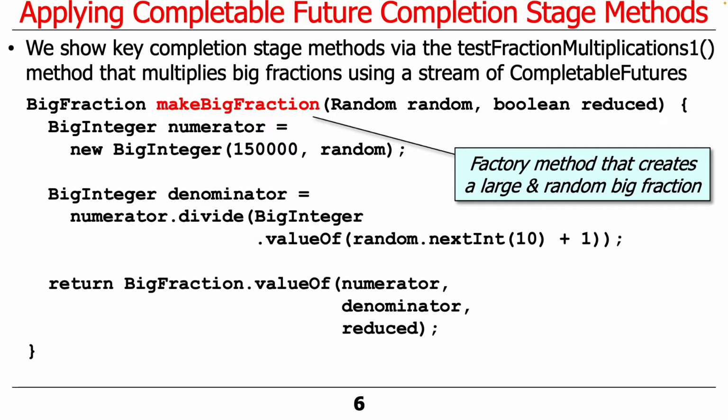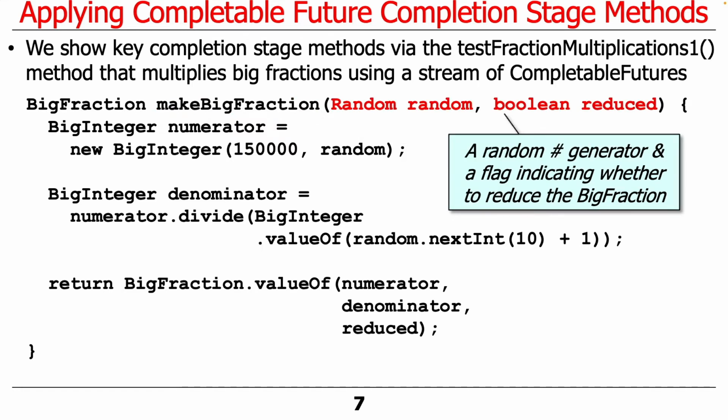It's a pretty cool factory method that creates large and random big fractions, and I mean really, really large random big fractions. So you can see here that it is going to take a random number generator and a Boolean to indicate whether we want to reduce the big fraction or not.